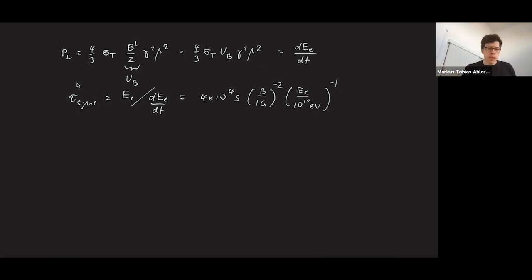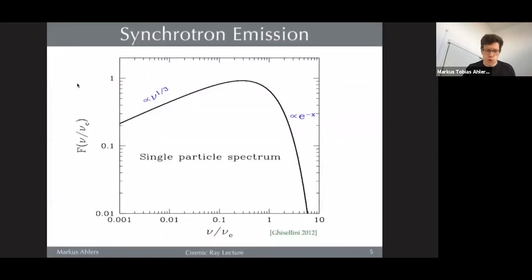Okay. So the Larmor power is the integrated power. A more detailed calculation will also give you the spectrum of the emission, and we are not going to do this. I'm just going to show you what the energy distribution of the emitted photons looks like. This is a plot that I took out of the review that I mentioned at the beginning of my lecture on Monday.